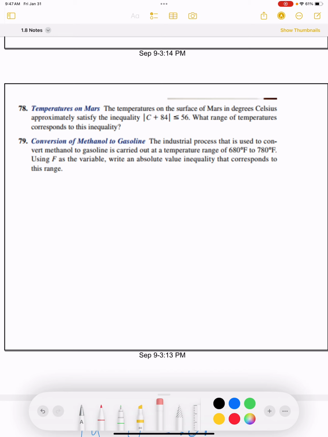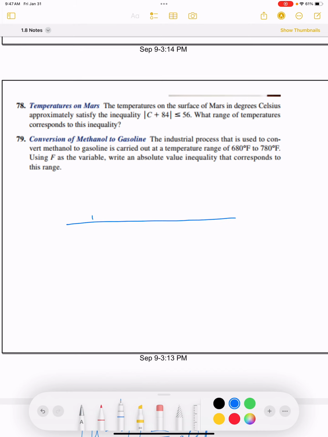Write an absolute value. So we got 680 degrees to 780 degrees.